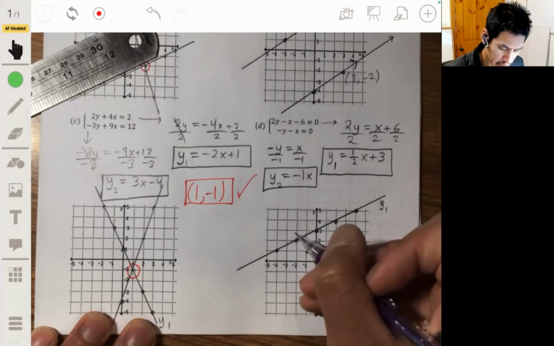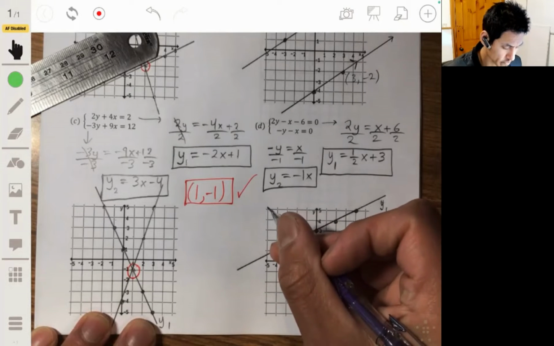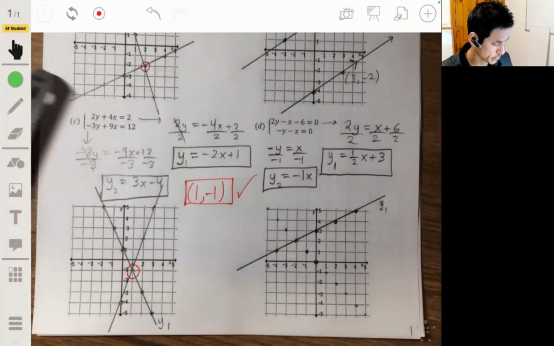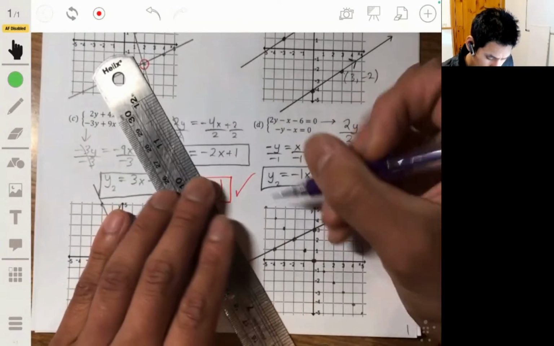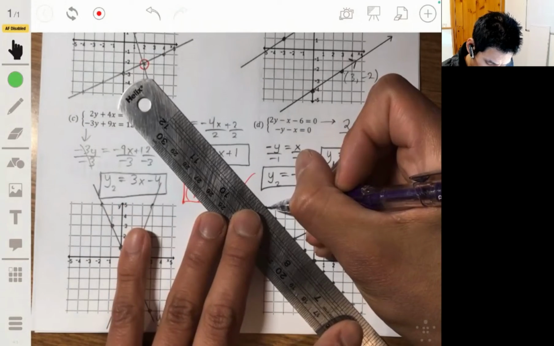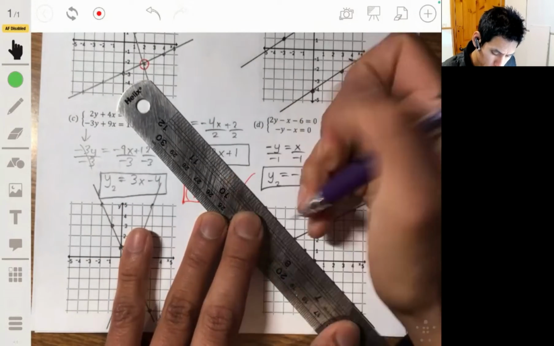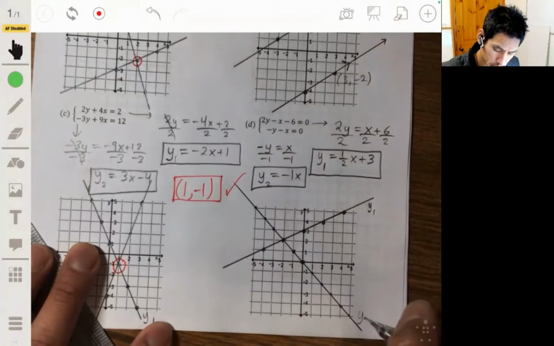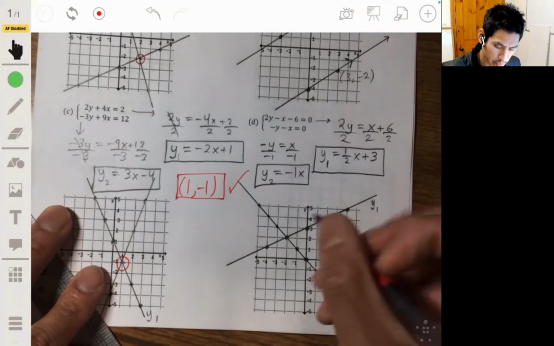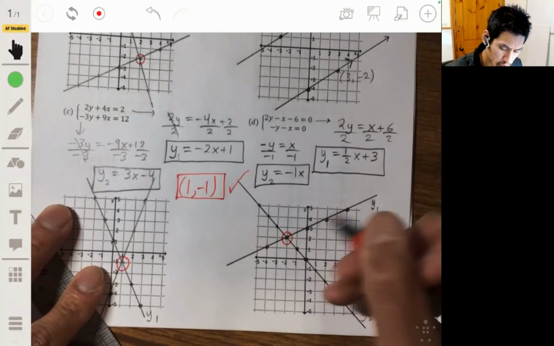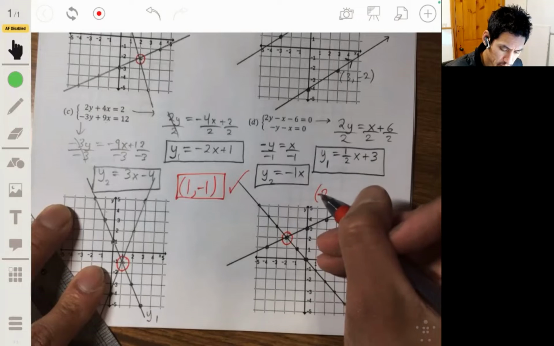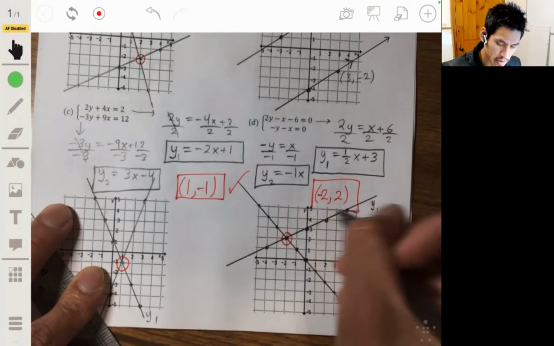And we're going to see our intersection over there. And our solution will be at 2, negative 2. Or no, negative 2, positive 2 is what I meant to say.